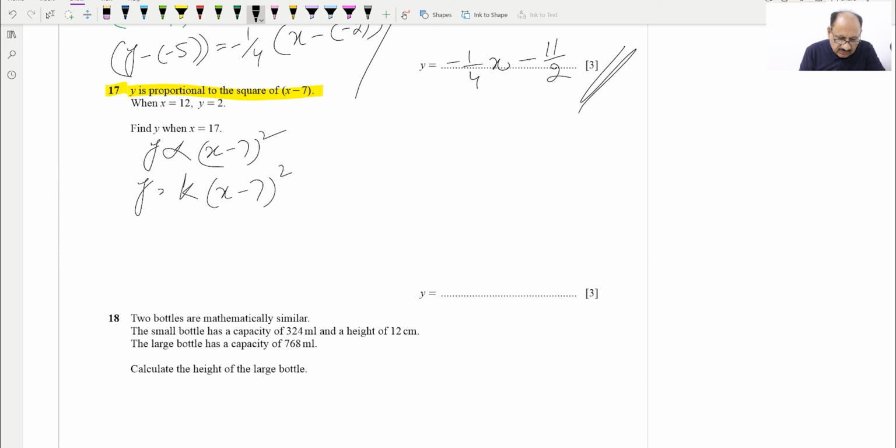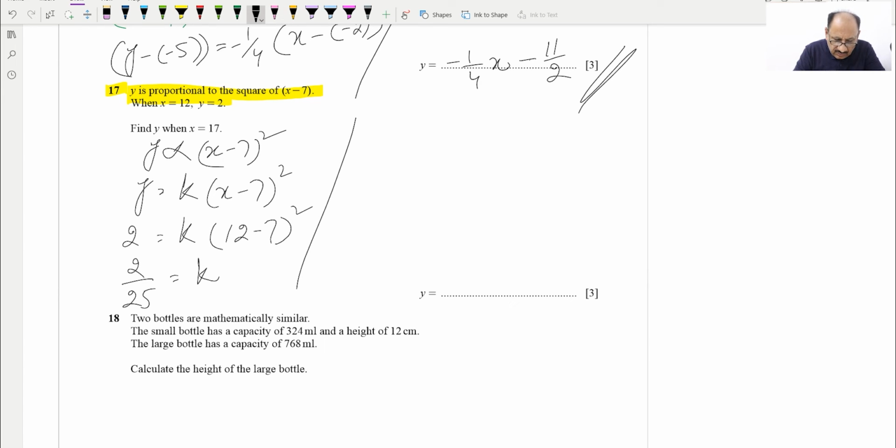So k is the constant of proportionality. We can replace the given values. x is equal to 12 and y is equal to 2. So y is 2 and k, and this will be 12 minus 7 square, and 12 minus 7 will be 5, so 5 square will be 25, so 2 over 25 is equal to k.